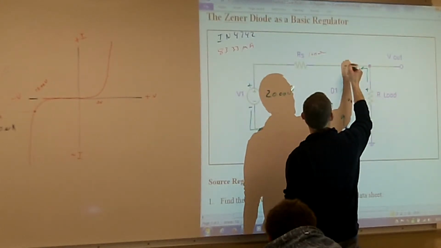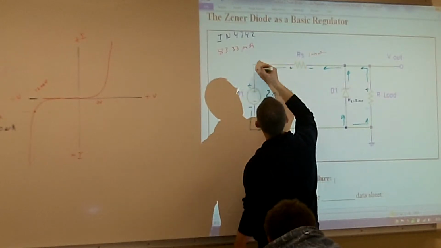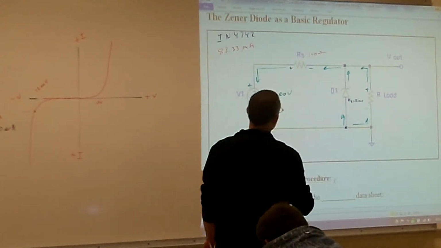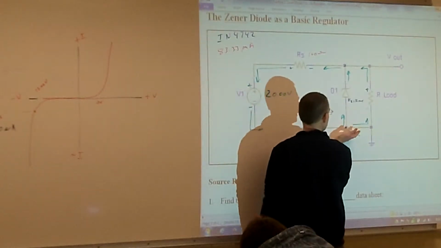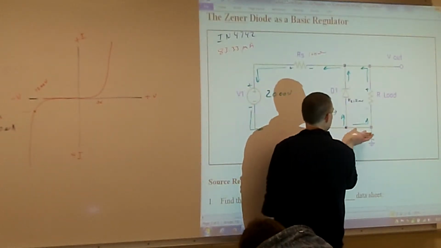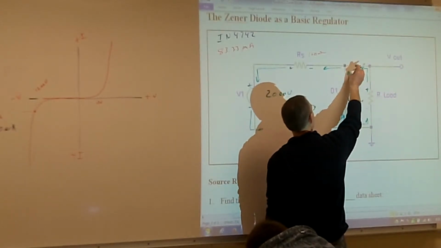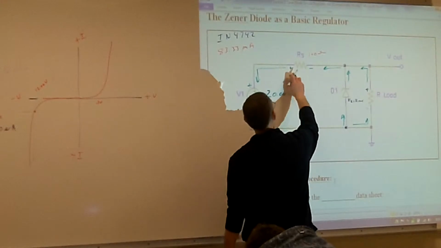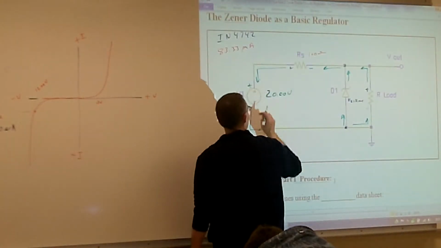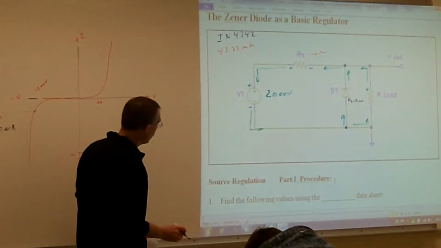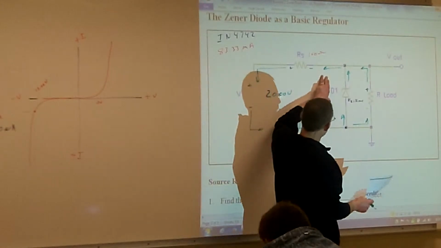These two currents are going to combine, and all my current is going to go through my current limiting resistor, which is my IT now, and then back into my source.